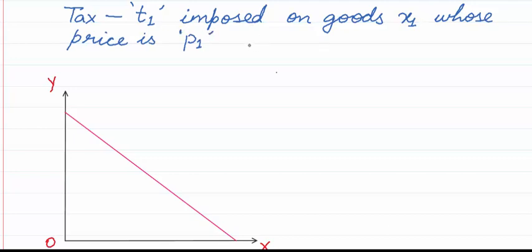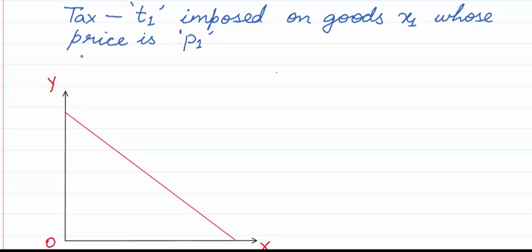Now, tax is the amount paid to the government on purchase of any goods, like goods which we use. So when the amount of tax T1 is being paid to the government for consumption of goods X1 whose price is P1, the price is relatively changing.